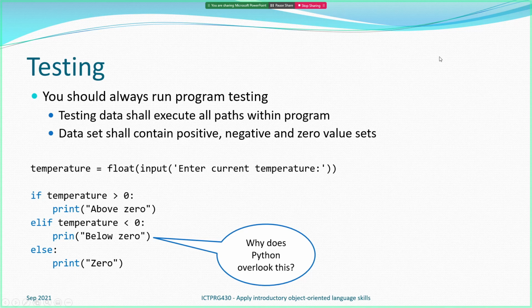So in here, if the temperature is above 0, then execute that. Alright? It doesn't necessarily look at this bit where it's below 0 if the value is not below 0. So therefore it never checks that bit of syntax to see if it's valid. So we're missing a T there. So that will be overlooked because it never went through and executed that piece of code.